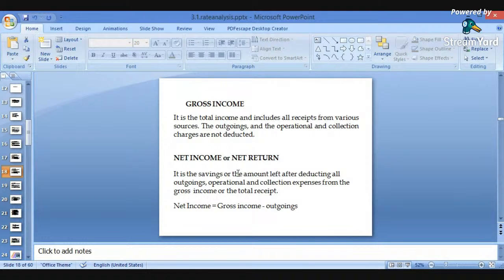In the next slides, we will solve problems related to valuations: how to find the gross income or net income, and which outgoings are to be considered while calculating the valuation of a property or rent fixation. So therefore, we are in short discussing all these terms.